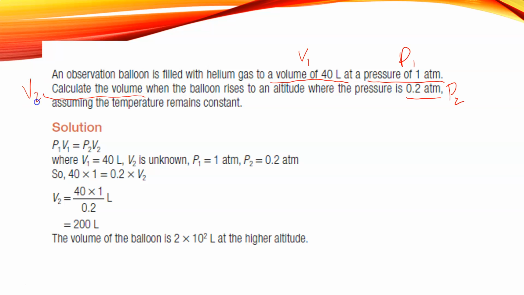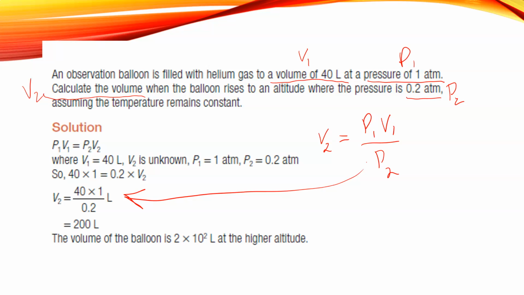So this is V2. We plug those into the equation, which is rearranged, so P1V1 equals P2V2 has been rearranged to V2 equals P1V1 on P2. There it is with the numbers, and we get 200 litres. Now, does that make sense? Always have a think about whether you've done things correctly.